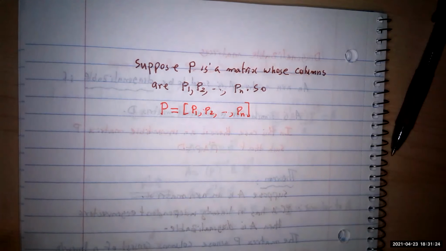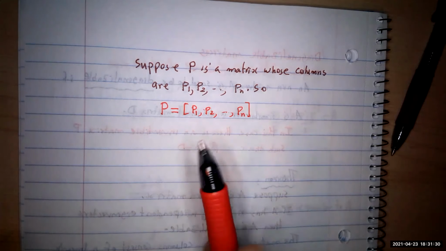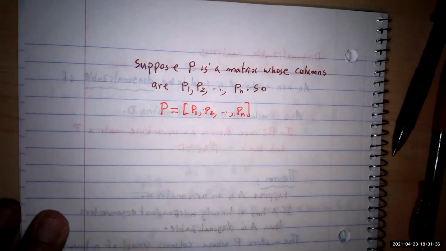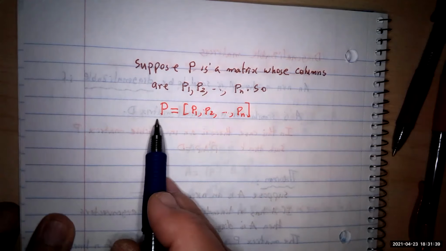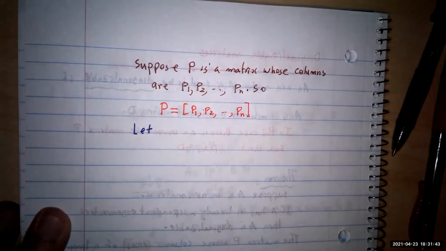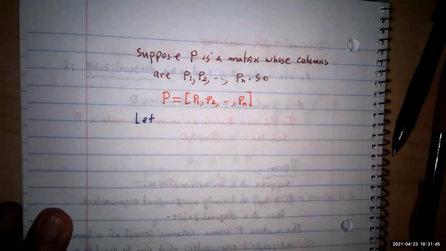So you get the eigenvalues, you find the eigenvectors, you put the eigenvectors as a column matrix, you get P. Now you have to prove something. So this is P. Now what's D? D is going to be a diagonal matrix whose entries are eigenvalues.